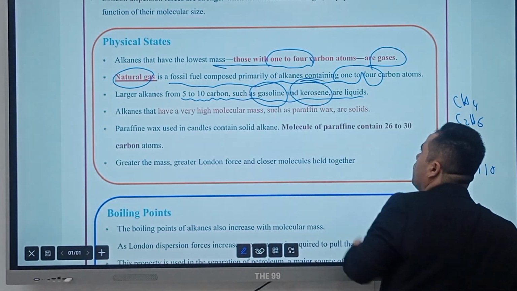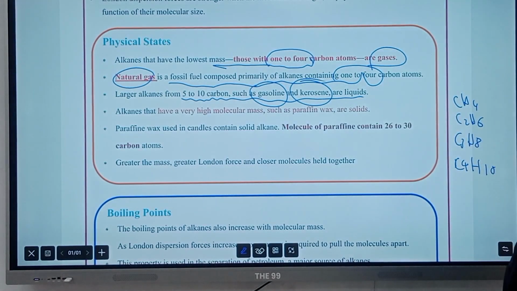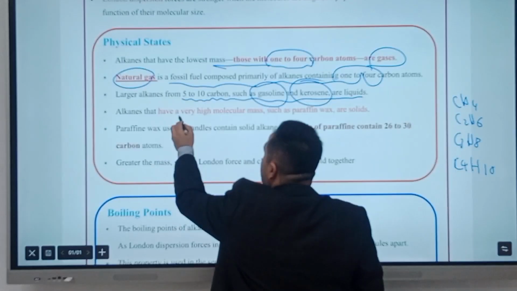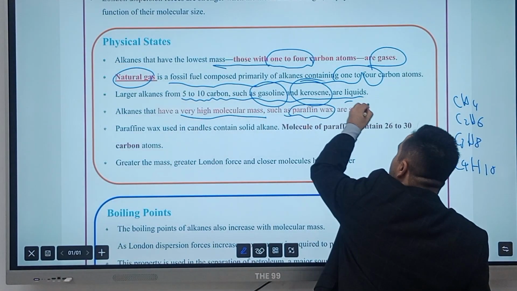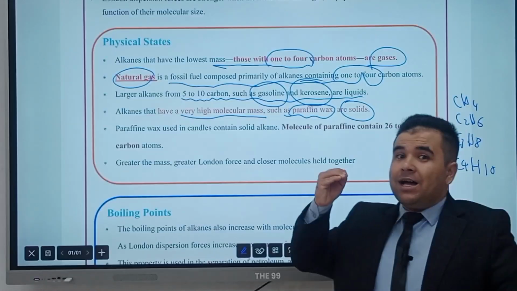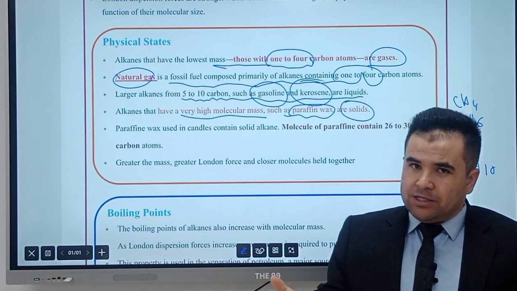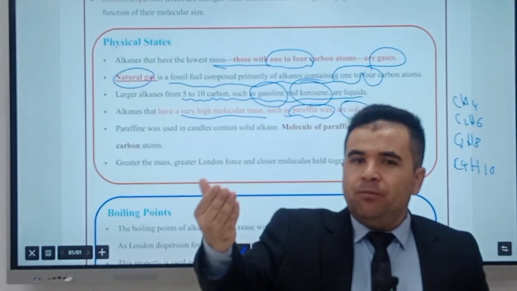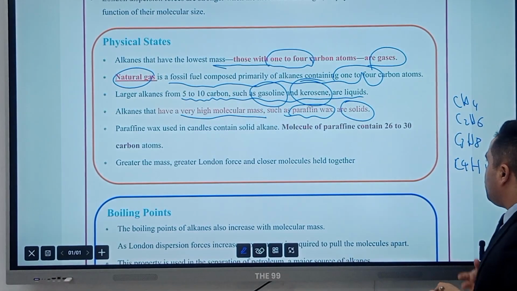Alkanes that have a very high molecular mass, such as paraffin wax, are solid. So as the molecular mass increases, the number of hydrocarbons in the structure increases, it approaches toward the solid. As it becomes lower, it becomes a liquid.